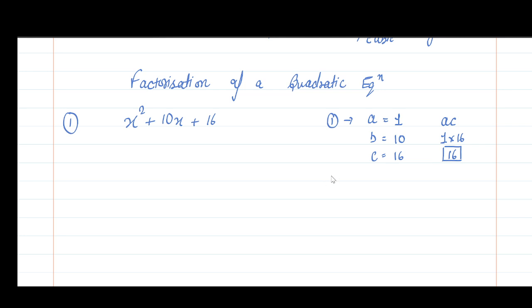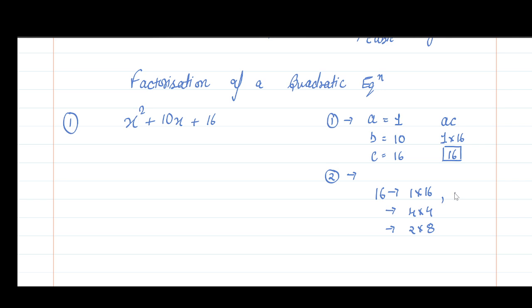So now the second step is to write down all the factors of 16. 16 can be written as 1 times 16, or 4 times 4, or 2 times 8.